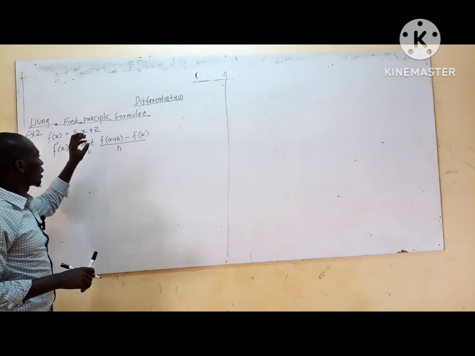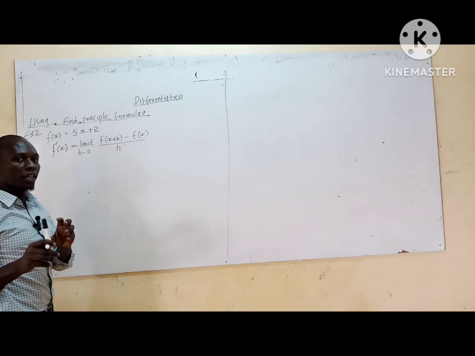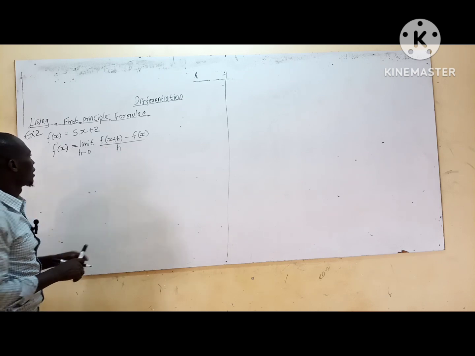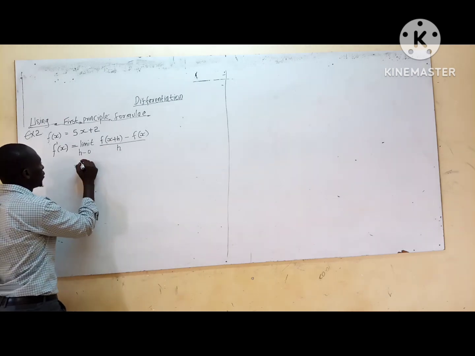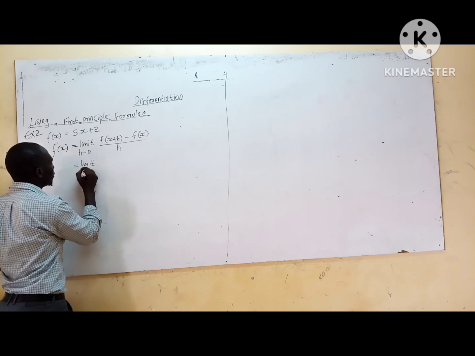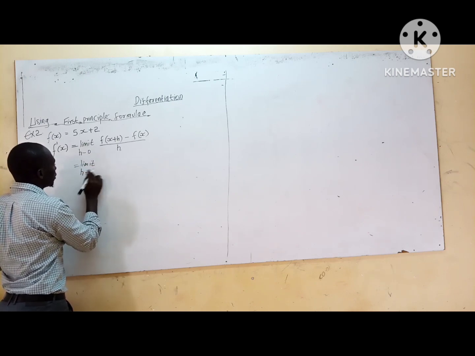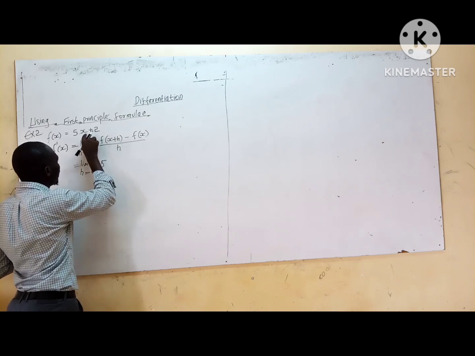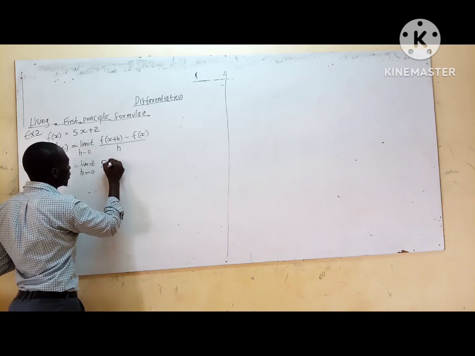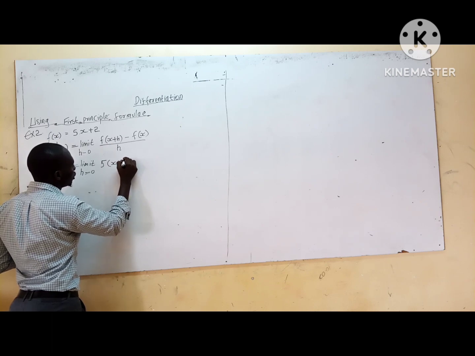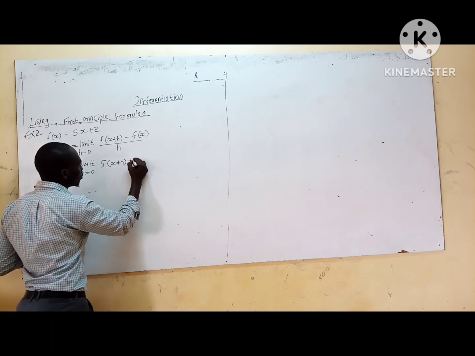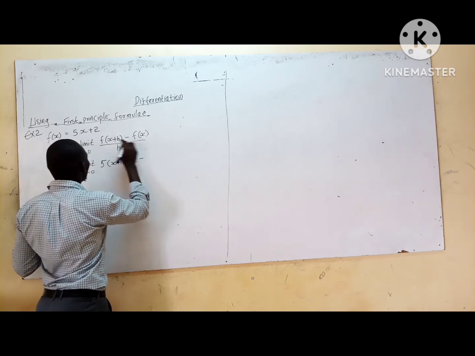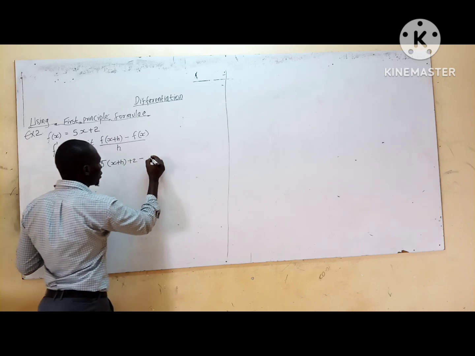Just come to the equation and identify where we have x and replace it with x plus h, whereby we are going to have the limit of 5, where we have x, you replace with x plus h, plus 2, minus the whole of the function given.